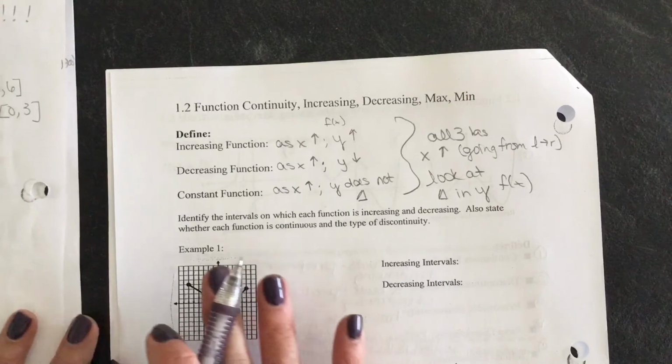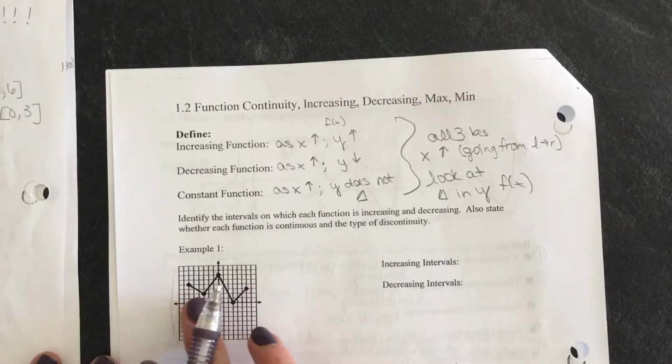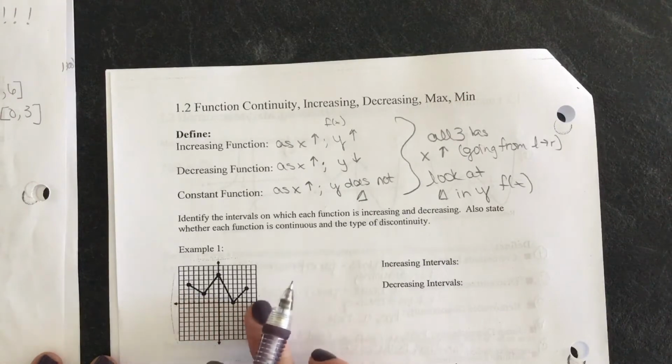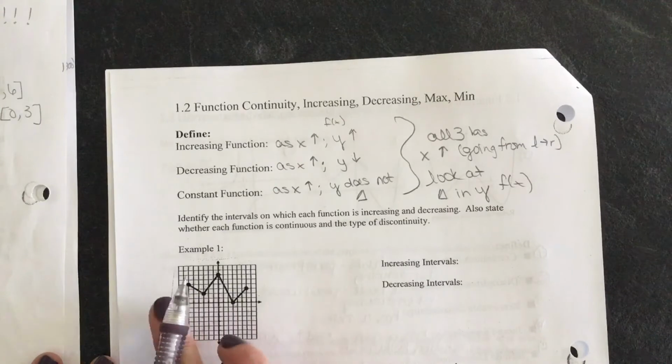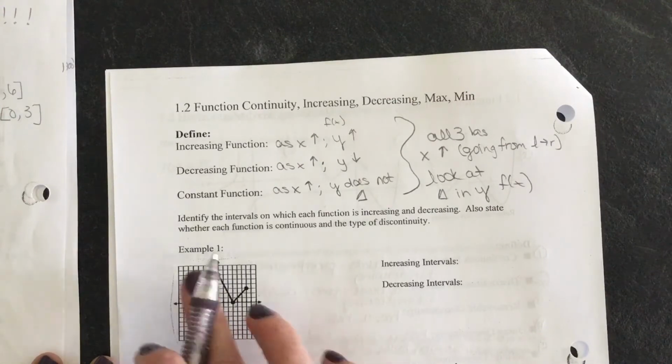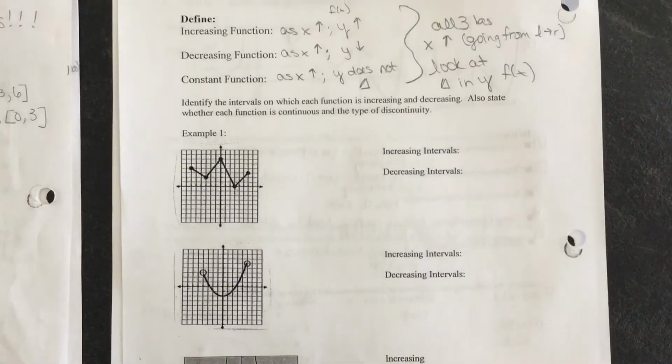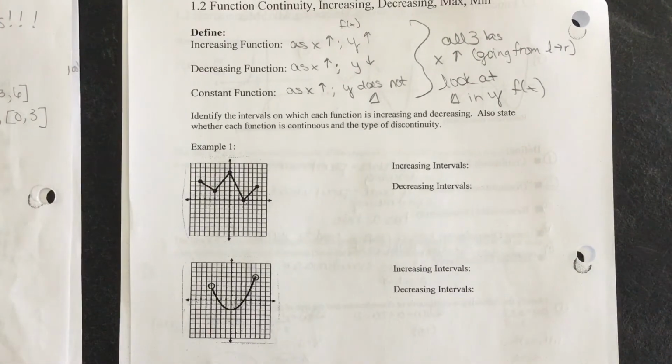So as we go on a graph from left to right along the x-axis, increasing from negative infinity to positive infinity, as x increases, what is the graph doing? Down here, we're going to look at a couple of fairly simple examples of increasing and decreasing functions.